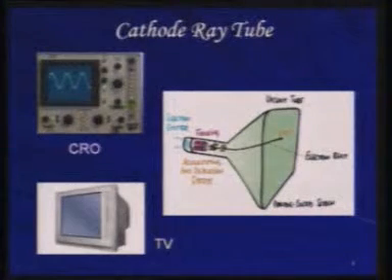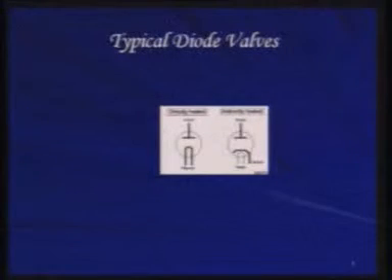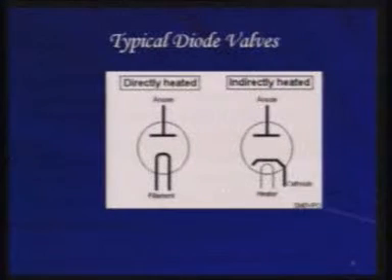So let us go to the very basics. The simplest vacuum tube device is a diode. A diode essentially has two electrodes. One is called the cathode and the other is called the anode. The anode is normally positively charged, as a positive voltage is given to it, and the cathode or filament is kept at ground potential.